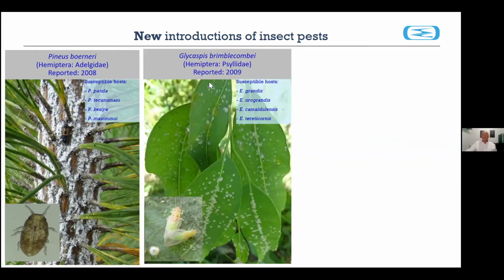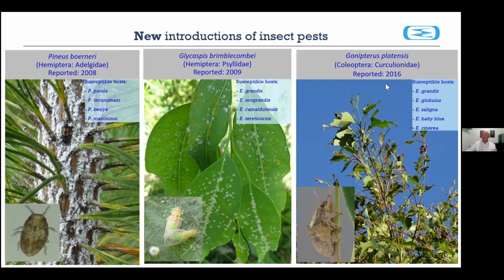Then in 2009, Glycaspis brimblecombei, Hemiptera Psyllidae, affecting E. grandis, E. urograndis, E. camaldulensis, E. tereticornis. And more recently, we have Gonipterus platensis, Coleoptera Curculionidae, reported in 2016. This insect has not been detected in our company, but we know that it is in some geographic areas in Colombia.